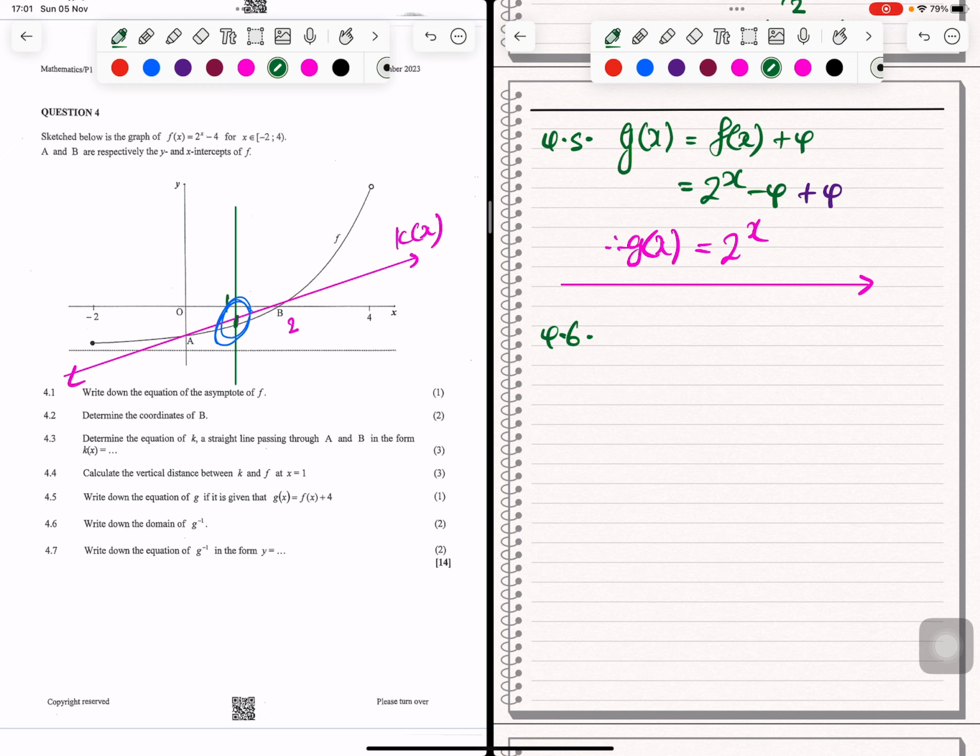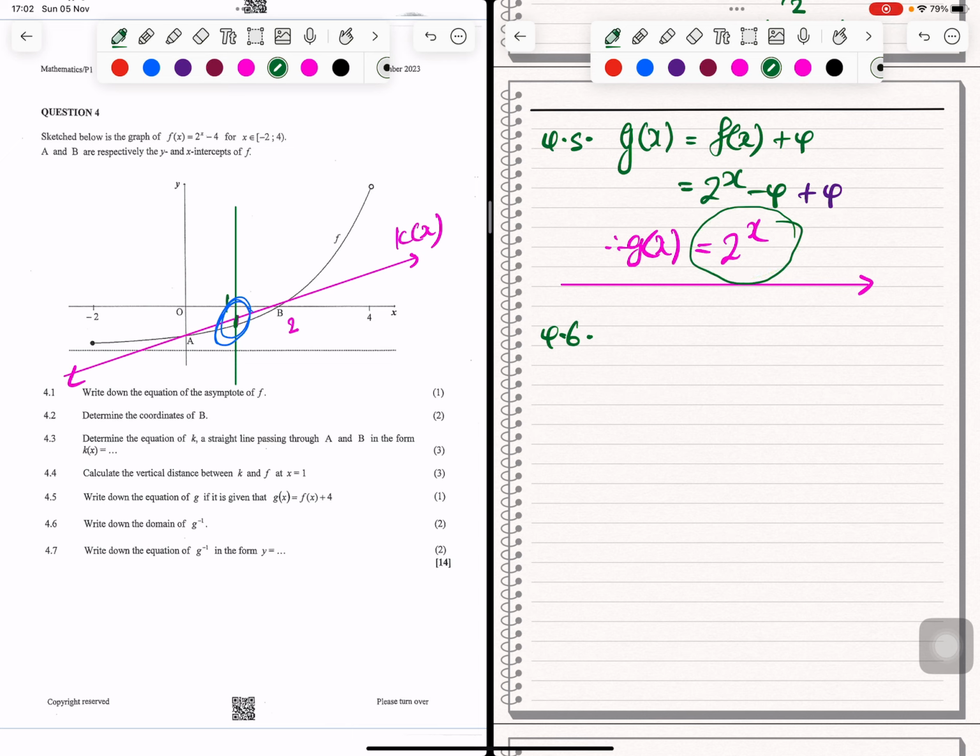So the domain of the inverse is basically the range of the exponential function, and the range of the inverse function is the domain of the exponential function. So basically now they want us to write the range of that graph. So the range of this is y bigger than 0. Okay, this graph is defined above 0, or above its asymptote.